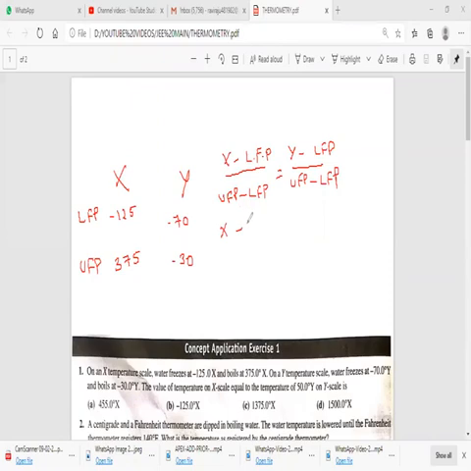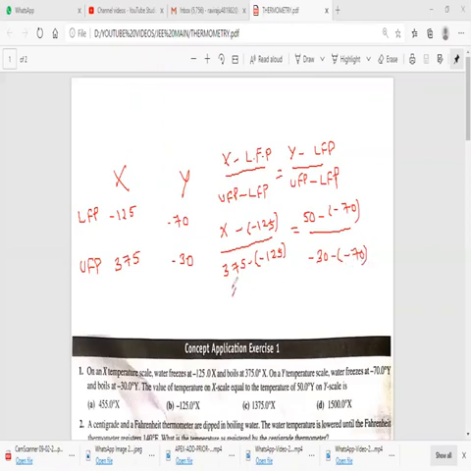And what is the lower fixed point in the X scale? Minus 125, by 375 minus of minus 125, equal to, in case of Y, the value of Y was given as 50. 50 minus the lower fixed point minus 70, by minus 30 minus of minus 70.